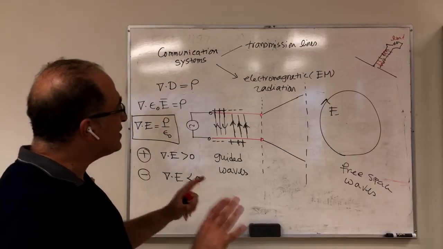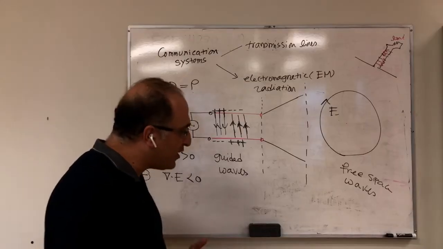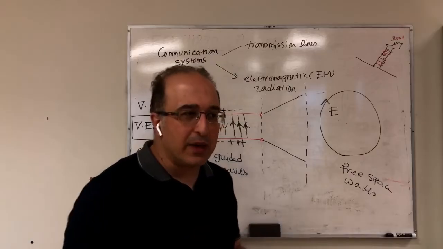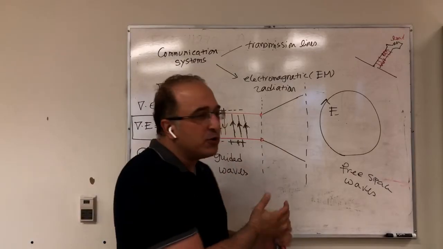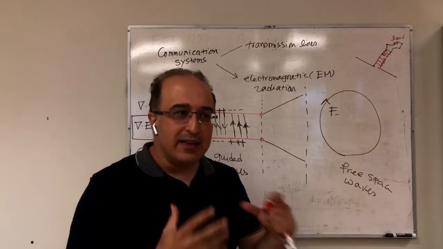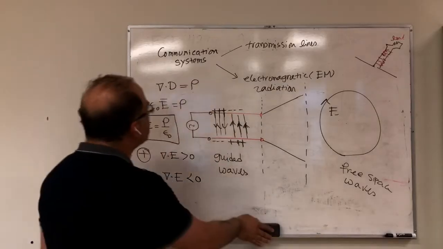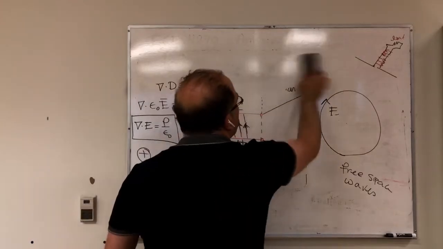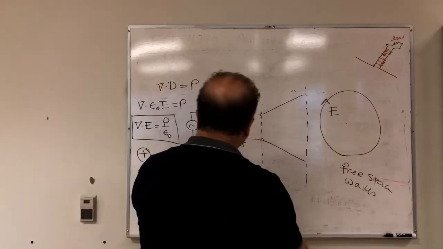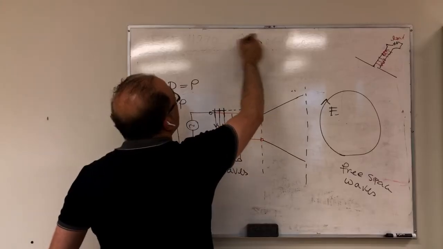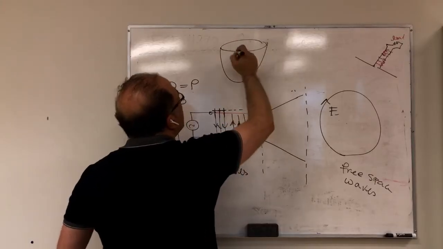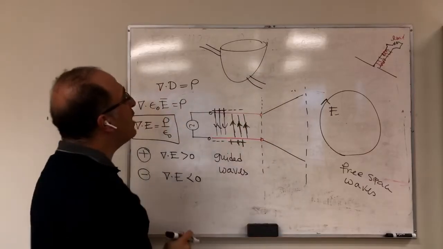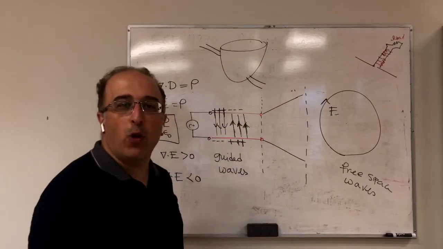So let's remember this, and I want to make an example so that you understand divergence and curl a little bit better. It's not completely relevant to this, but it helps you to understand divergence and curl. For example, imagine this is a toilet bowl.